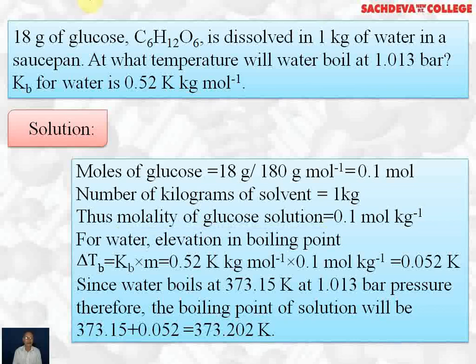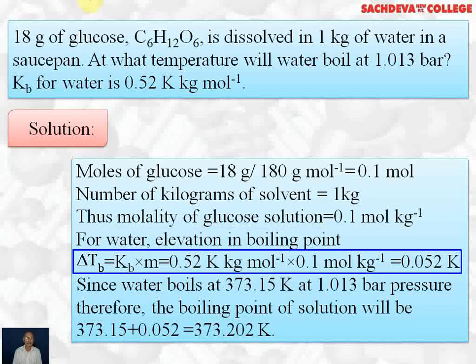For water, elevation in boiling point, delta Tb, is equal to Kb into molality. Value of Kb is given, 0.52 Kelvin kilogram per mole. We are multiplying it with 0.1 moles per kilogram, which is the molality. So the elevation in boiling point comes out to be 0.052 Kelvin.